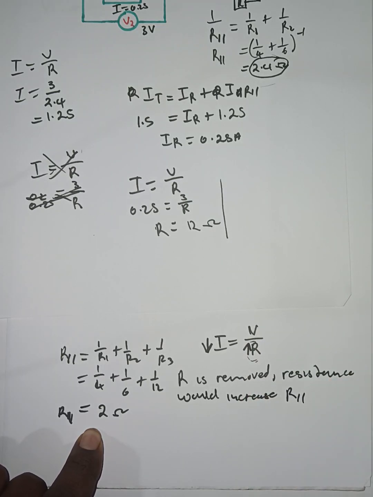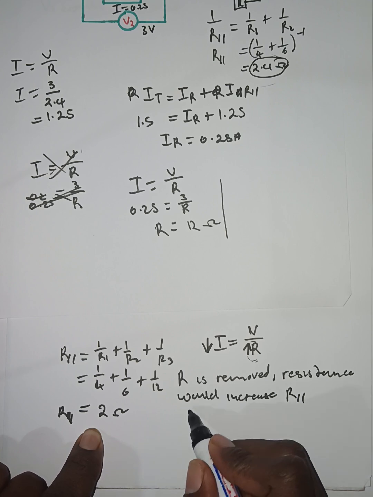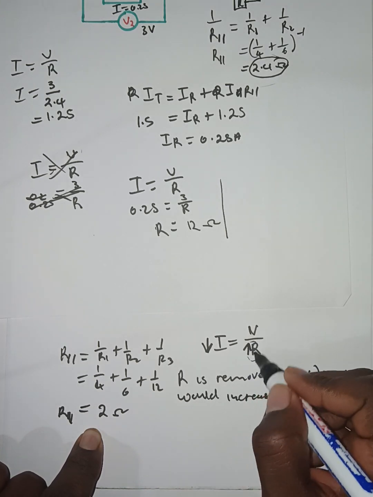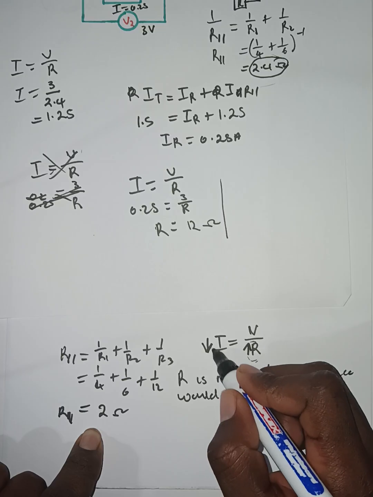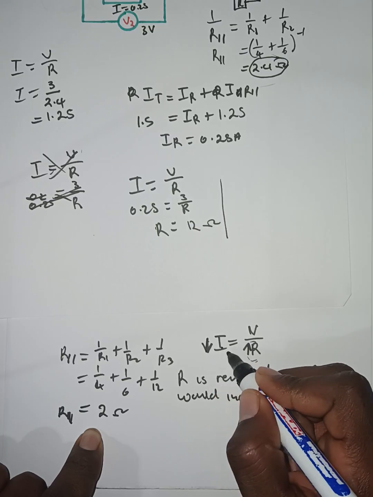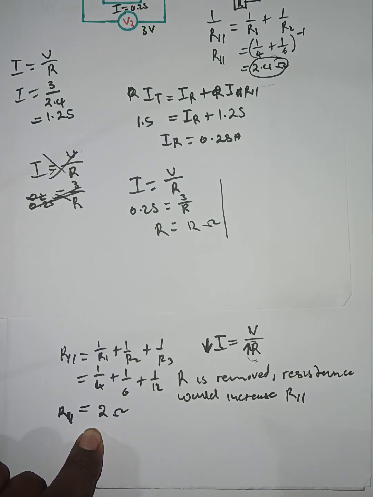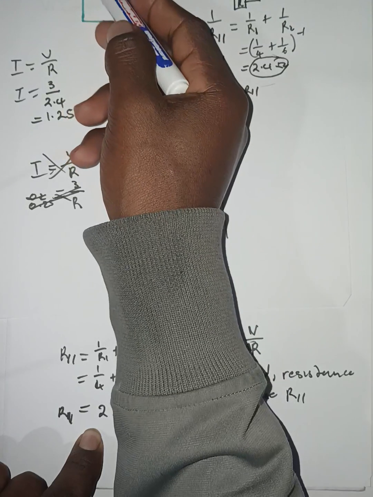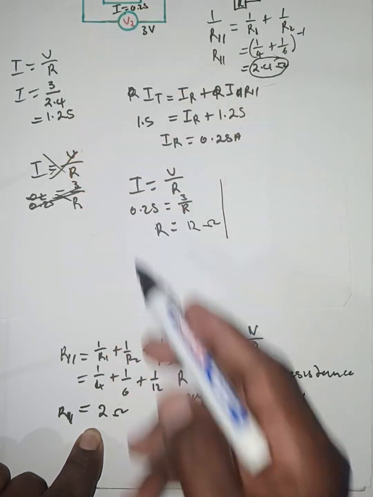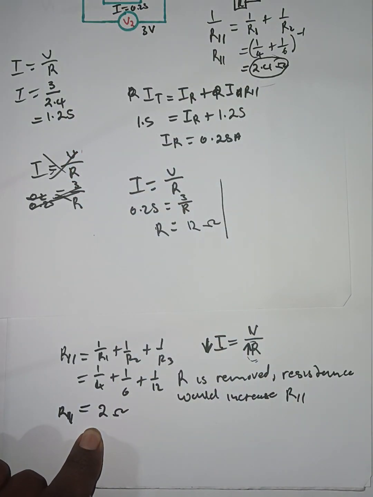But an increase in resistance would actually tell me that the current would decrease. So if that current decreases, that would mean the current that comes out there would be a smaller current, right? So that would actually mean my total current would decrease.